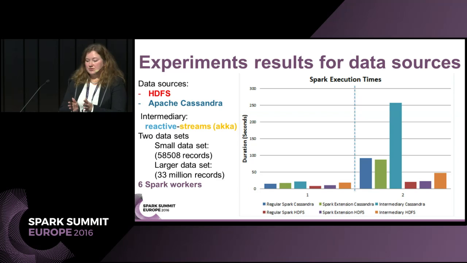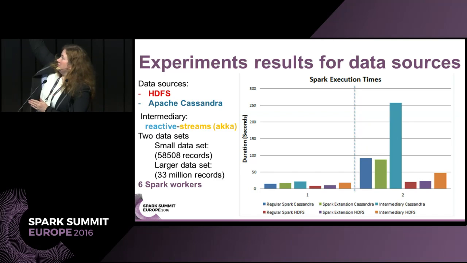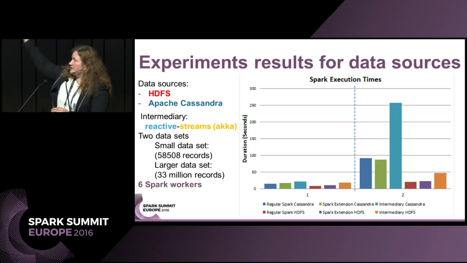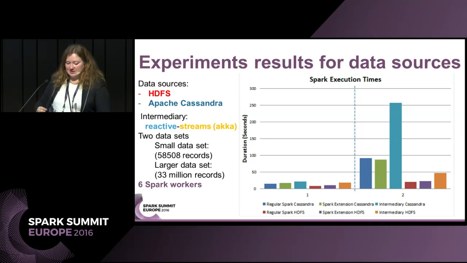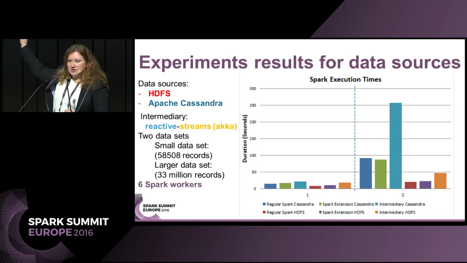Now here you see the results of the tests on two data sets, a small data set on that side and a larger data set. The small data set is really small, 60,000 records, and the other a little bit larger, 33 million. First of all, you see three scenarios for Cassandra. The first is regular Spark Cassandra without dynamic. The second is the performance of the Spark extension for Cassandra, and the third is with the intermediary system.